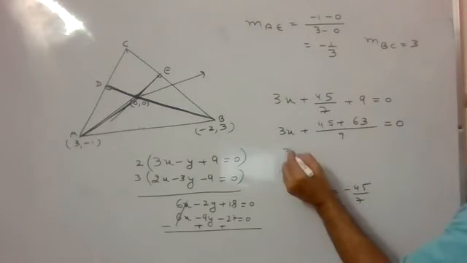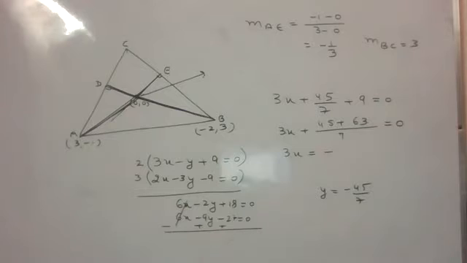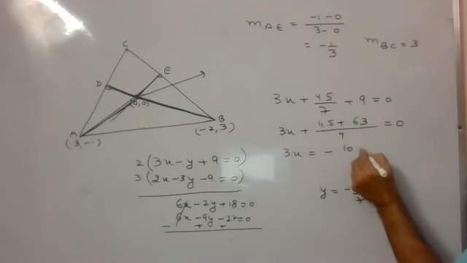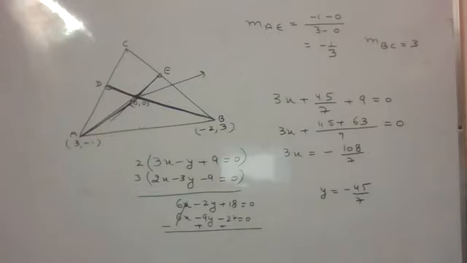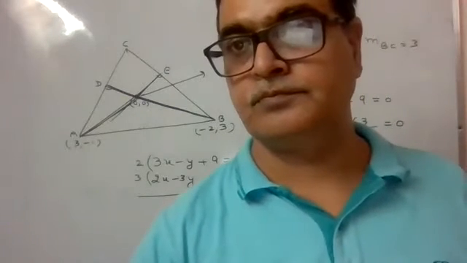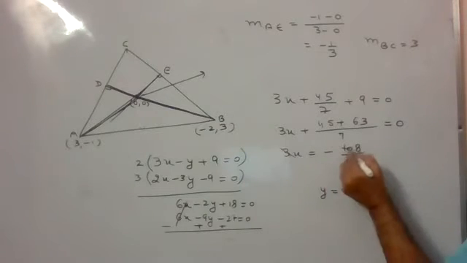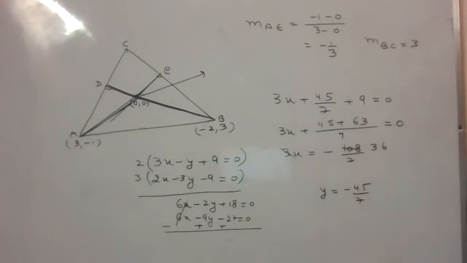Then what I get here, thrice of x will be minus 108 by 7. Then 3 threes are 9, 3 sixes are 18. So x is minus 36 by 7. So the coordinate is minus 36 by 7 and minus 45 by 7.